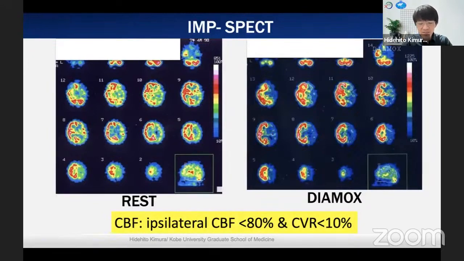So quantitative evaluation shows that if the patient has ipsilateral CBF decreased less than 80%, and the cerebral vascular reactivity was less than 10%, the patient is a good candidate for the bypass surgery.